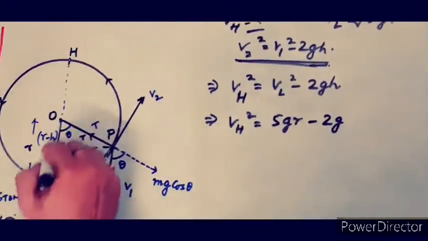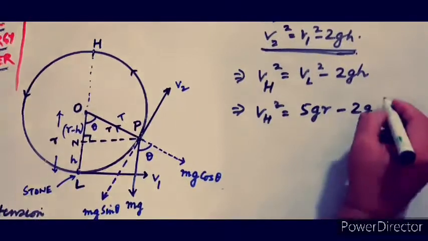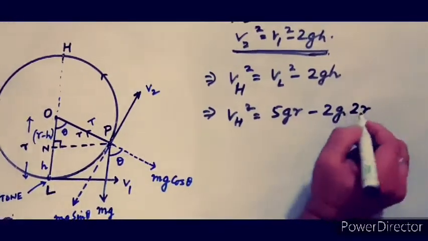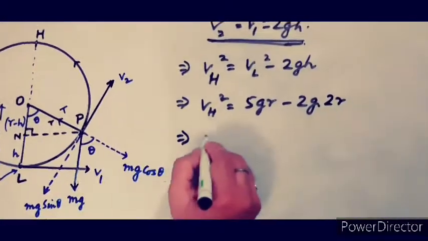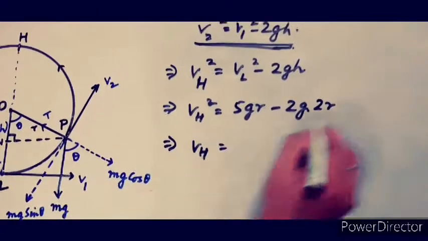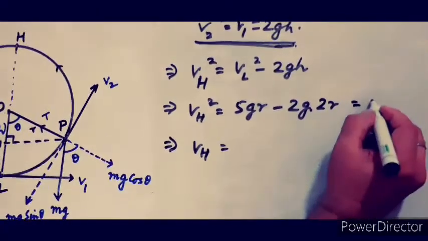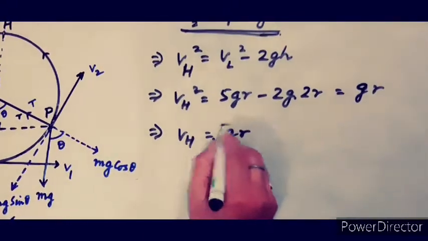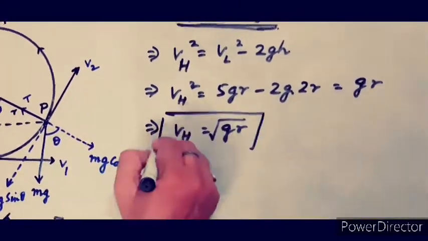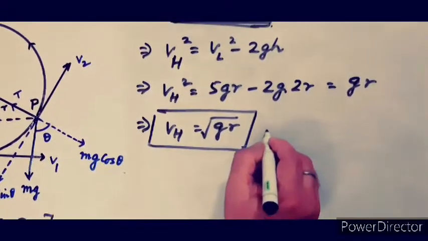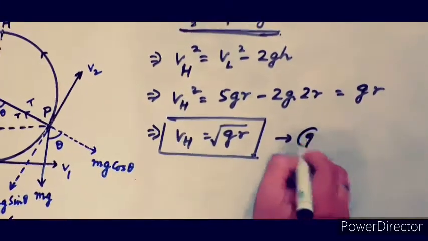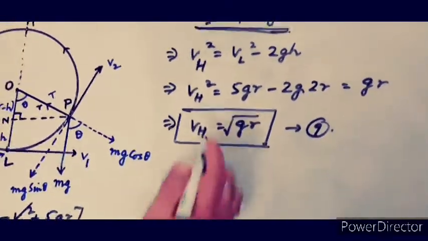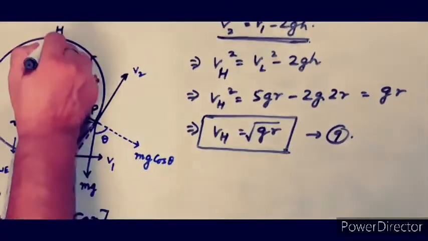In place of h we are writing r plus r, that is twice r. So VH is equal to 4gr and ultimately gr, that is gr under root. That's the speed at the highest point. Give it equation number 9. That is the minimum speed at the highest point.